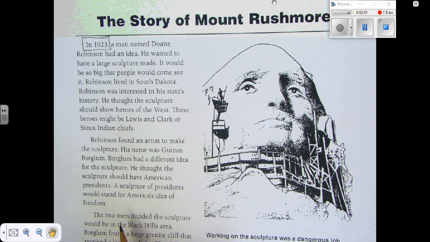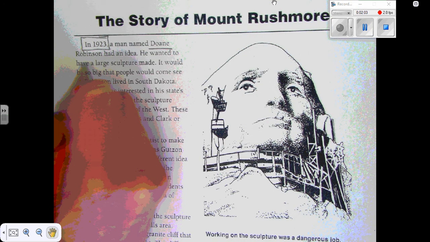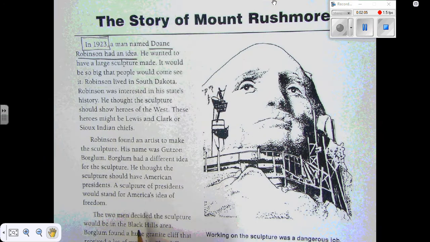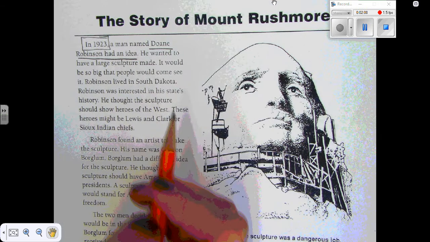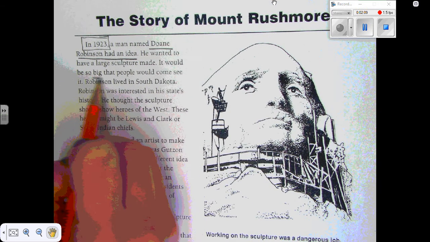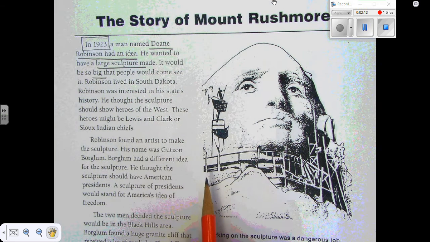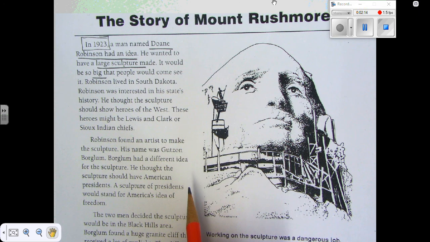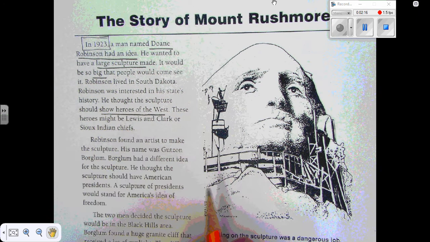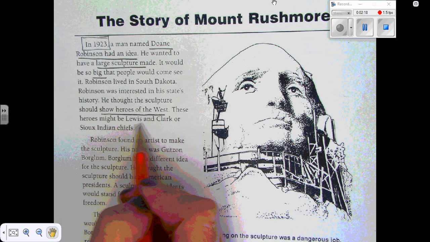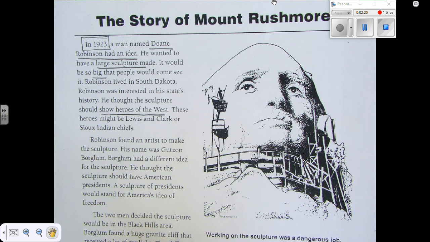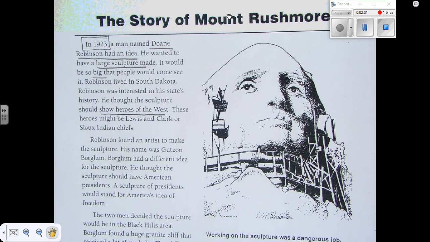I know that in 1923, Doane Robinson had an idea to build a large or very big sculpture, and he wanted it to show heroes of the West, and then he had some ideas of what that might be. So if I'm looking at this article and I'm trying to organize my information, organize my notes, that's what I'm going to start with. I'm going to start with my first year, kind of thinking about a timeline.